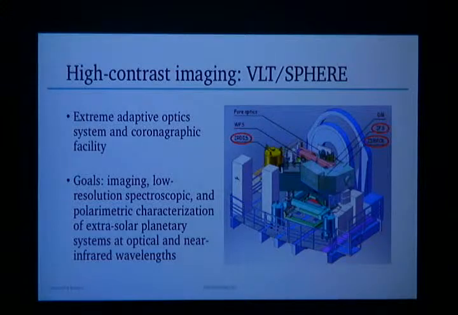And for this, we use imaging, low resolution spectroscopy, and polarimetry. And here I highlighted the three main subsystems, which this is an infrared dual imager and can also be used as a polarimeter. This is the integral field spectrograph, and this is a visual polarimeter.